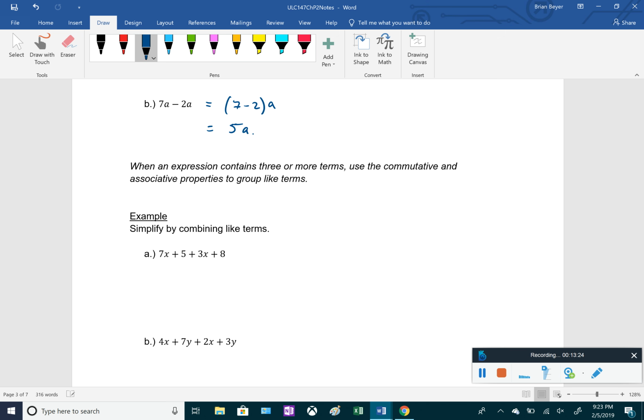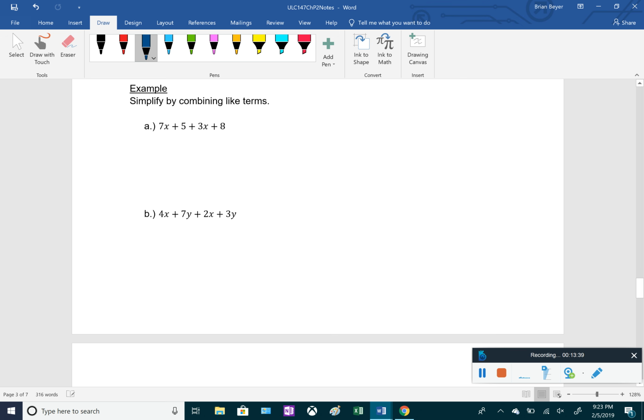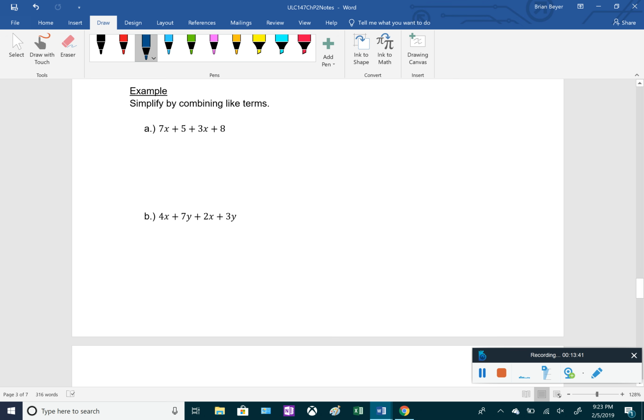Okay, and then when we have 3 or more terms in an expression, we're actually going to be using the commutative and associative properties to group like terms. Once again, you don't have to think of it this way, but that's just technically why we're able to do this. So let's start by simplifying by combining like terms. So first one, we have 7x plus 5 plus 3x plus 8.